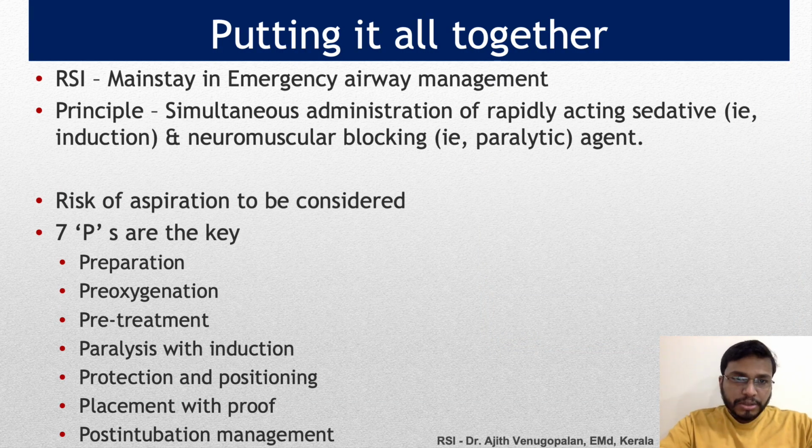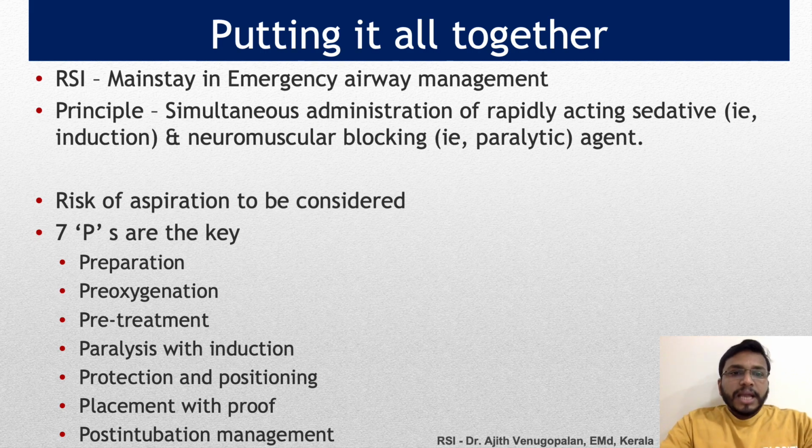So putting it all together, RSI is a mainstay in emergency airway management. The principle is basically simultaneous administration of a rapidly acting sedative and a neuromuscular blocking agent. That's the basic principle that you go with for any patient with an RSI.